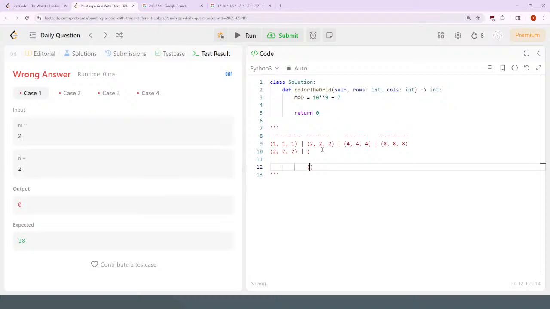Like the 2, 2, 2 represents red, or something ending with red. So green, red, blue, red. Ending with blue would represent RG, ending with green would represent red, green, or blue, green. And ending with blue would represent red, blue, green, blue.